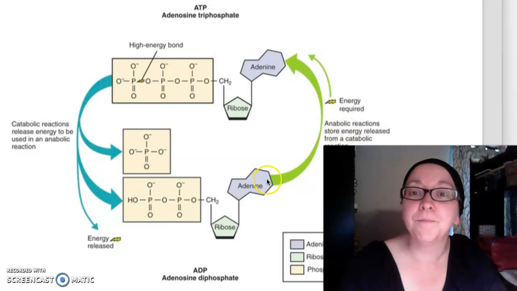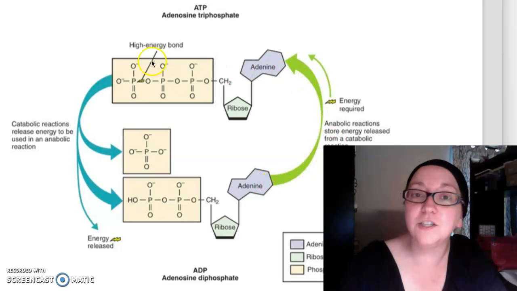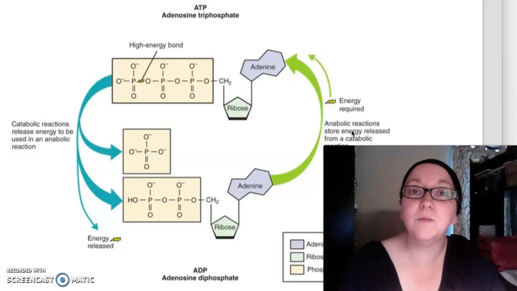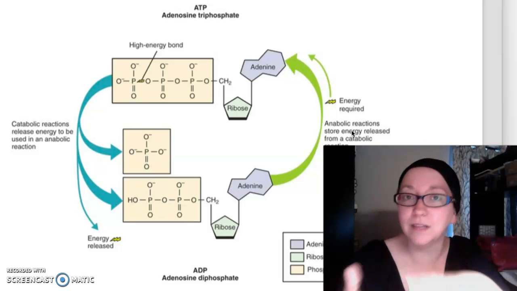You can add the phosphate back, right, turn it back into ATP, and that's an anabolic reaction. So we are building something with anabolism, and if you build something, it's going to take work, it's going to take energy. So this is a reaction that requires energy input, but then that energy is stored right in that high energy bond of ATP, and you can break it again and release it when you need it.